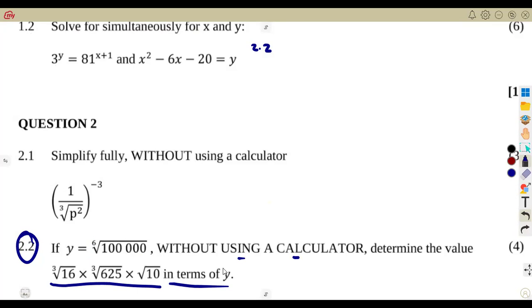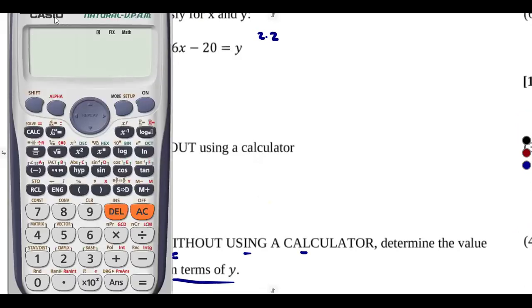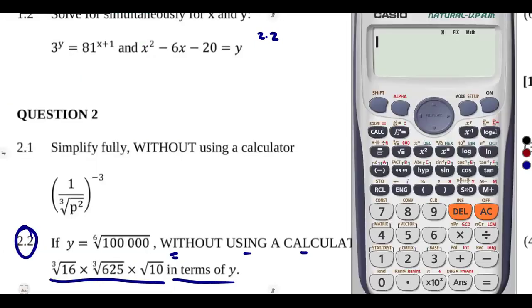Let's just try to figure out this value before you talk about in terms of y. What's the answer here? Let's just bring our calculator and see. Remember my calculator is fixed to two decimal places, but do not worry, we're just going to use that.